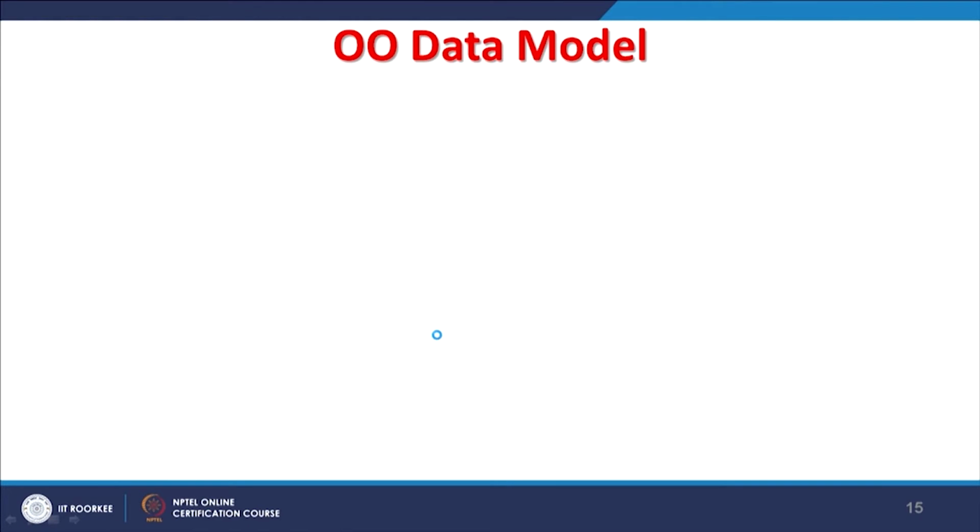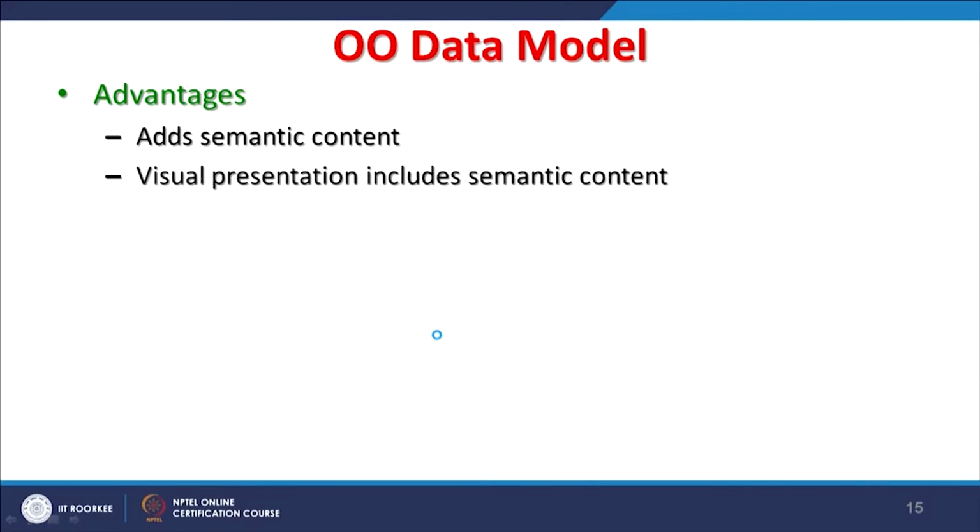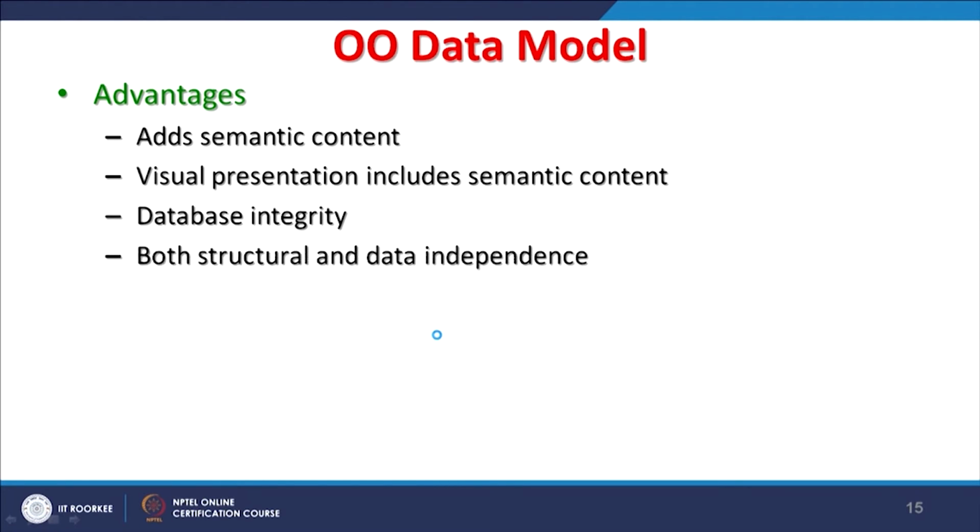The advantages of this object oriented database model are that it adds semantic content, visual representation includes semantic content, and database integrity is quite high. Both structural and data independence is also there, which is not common in previously discussed database models.